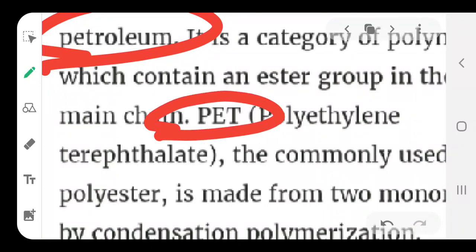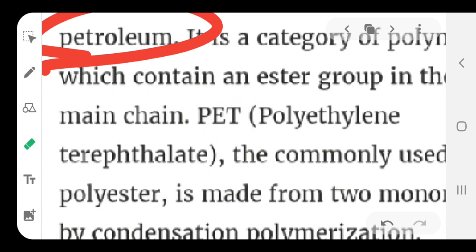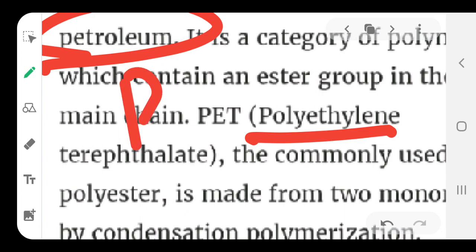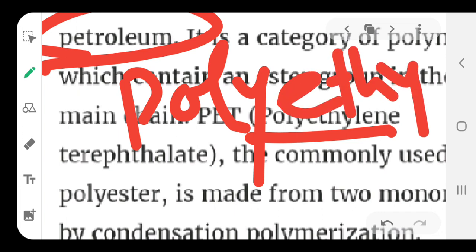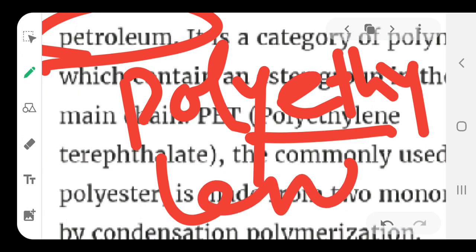The one is PET. Write down the full form for PET. It is called polyethylene. Write it down because this word is new to you. Poly is many, ethylene is a molecule, E-T-H-Y-L-E-N-E.